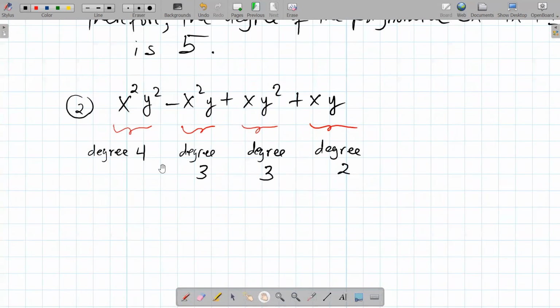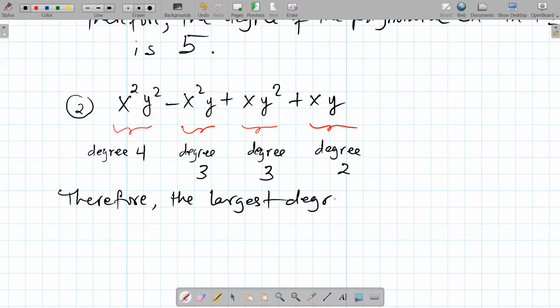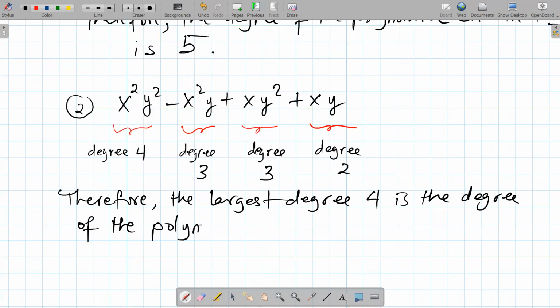So based on these individual degrees, we see here that the largest degree is 4, and that will be the degree of the polynomial. Therefore, the largest degree, 4, is the degree of the polynomial above.